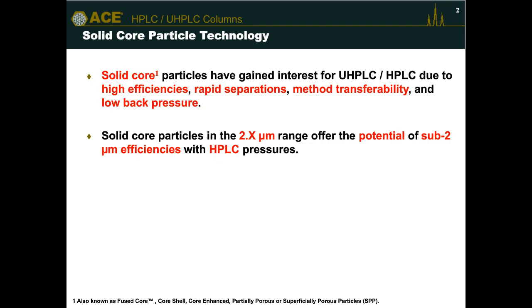And this particle size gives us efficiencies that are comparable to sub-2 micron fully porous particles, but with the advantage of using HPLC pressures. That means we don't have to invest in new instrumentation. We don't have to purchase a UHPLC system to be able to achieve sub-2 micron efficiency. And that really is beneficial in terms of runtime and really seeing more from your sample. So there are big gains in investing in or evaluating a solid core type particle.